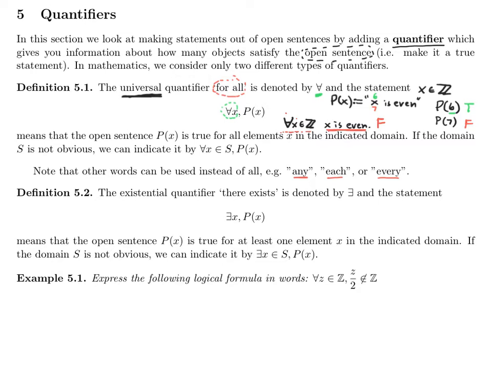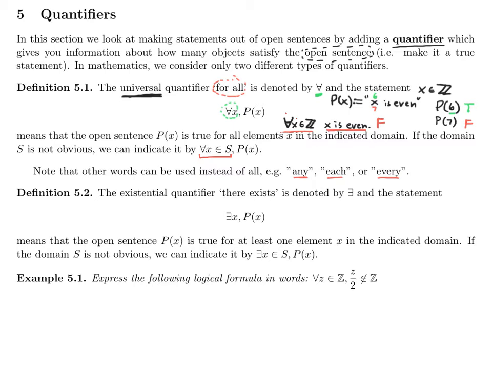A lot of times, if the domain is obvious, we don't really state it. But if the domain isn't obvious, if we want to make sure that people know what domain we're talking about, we do like we did just up here. We write for all x in whatever domain set we want. The other type of quantifier that we deal with is called an existential quantifier.